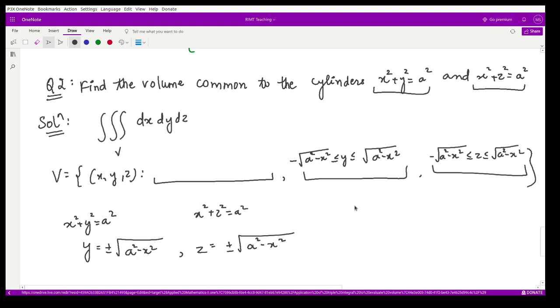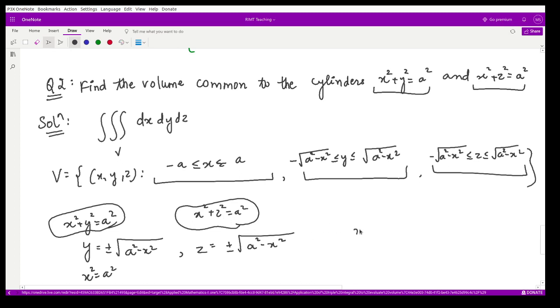And now we want the limits of x such that it is independent of both y as well as z. So if in this curve we eliminate y, we have x square is equal to a square, or in other words you have the limits of x from minus a to a. And similarly here also, if you eliminate z, you again have x square is equal to a square, so your limits are according to this.